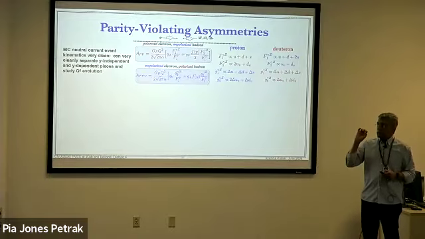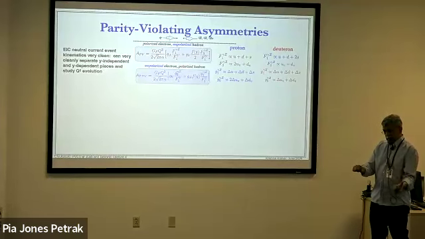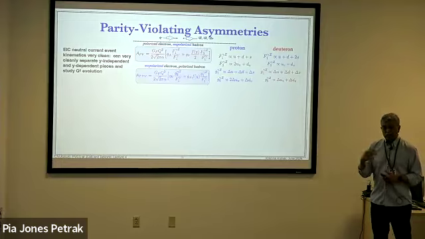But if I now take the average over the proton polarization and just look at the left-right asymmetry where the electron polarization is flipped, but you average over the proton polarization, that's a parity violating asymmetry. And that's Z exchange, gamma Z interference, right? So that's just like what we did at fixed target.